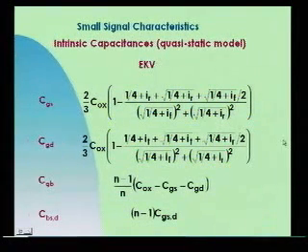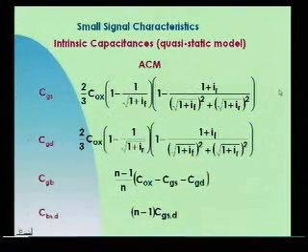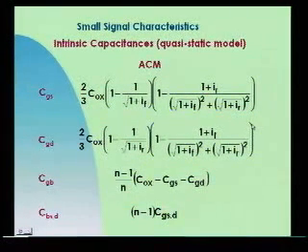What I want to show you is that these equations here for ACM are single for the whole inversion regimen, and they are functions of the saturation components of the currents.